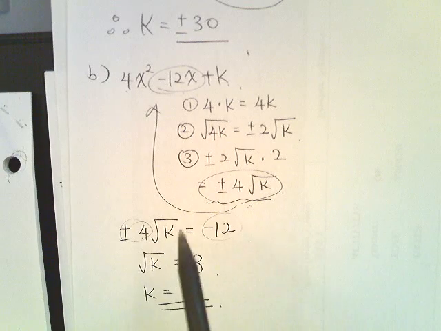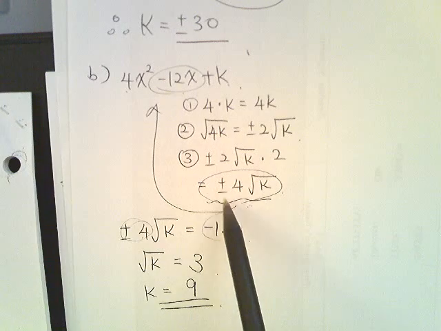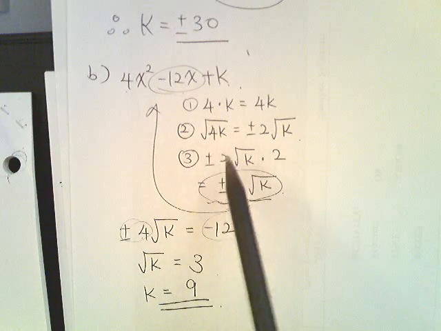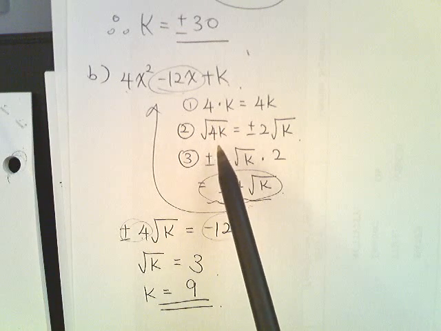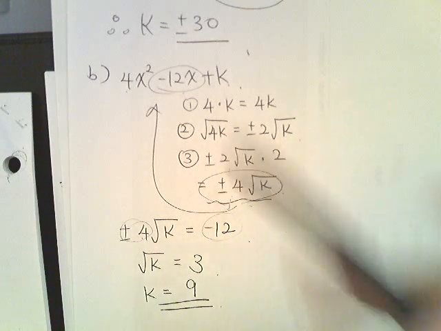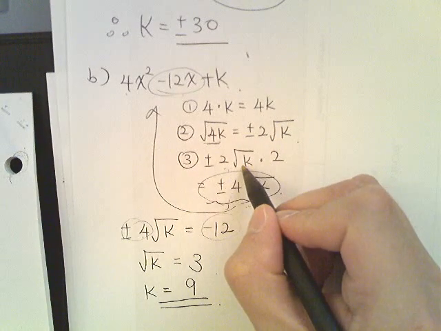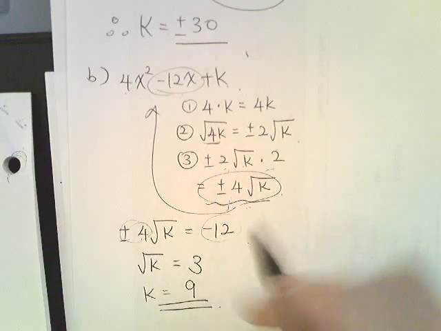So take a look at this. If the k is the part that is missing, do the same thing, okay, and then we get the square root of 4k, but the square root of 4k is simply 2 times the square root of k, and then the third step, remember, we have to multiply it by 2.